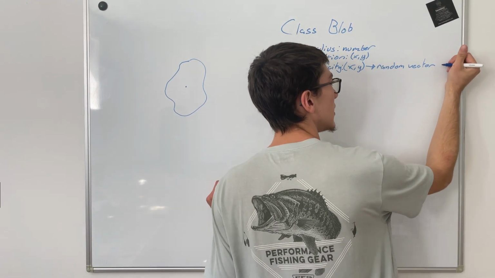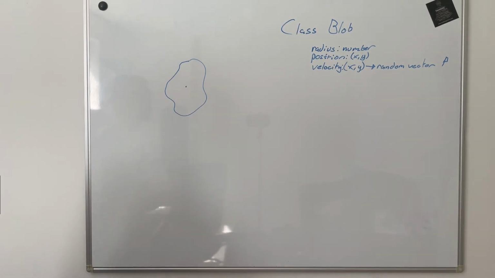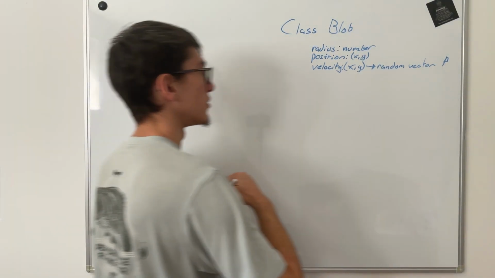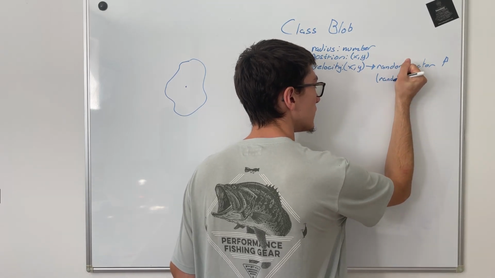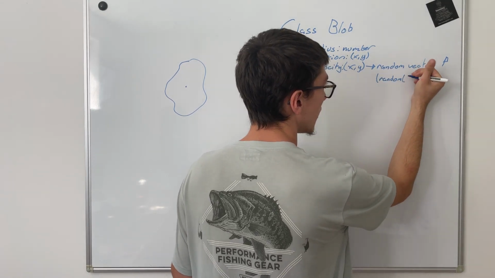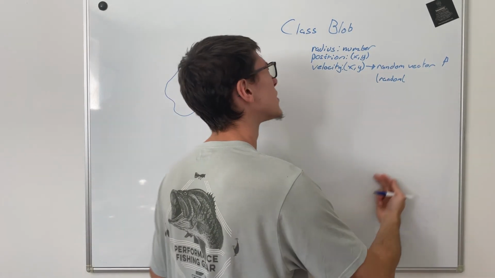And I might want it to go up, right? So a random pointing up vector. So between, let's say, random between, so it needs to go up.